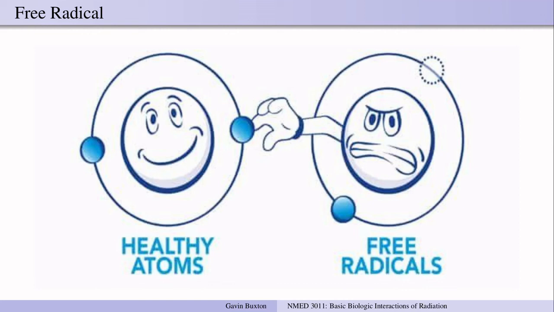Now, regardless of whether it's a direct effect, right, a direct interaction of the radiation with the target, or whether it's indirect in terms of creating a free radical that then goes on to damage the target, the DNA, the ultimate result is the same. You have damage or alteration to the cell, right? In particular, the DNA.